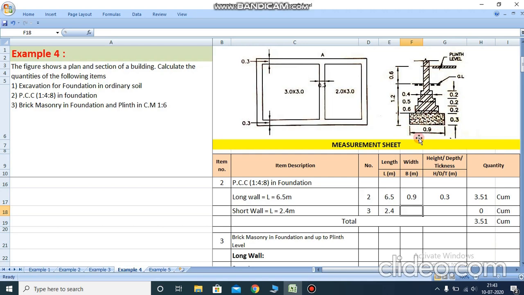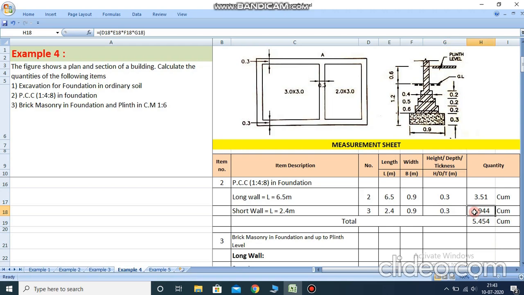So here the width is given 0.9 meter and the thickness of the PCC work is given 0.3. Now we calculate the total quantity, which is the multiplication of 3 multiplied by 2.4 multiplied by 0.9 multiplied by 0.3. It's 1.944 cubic meter.